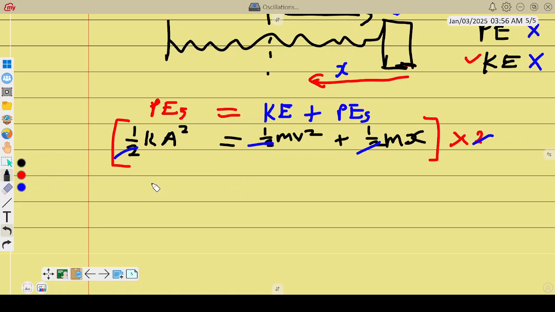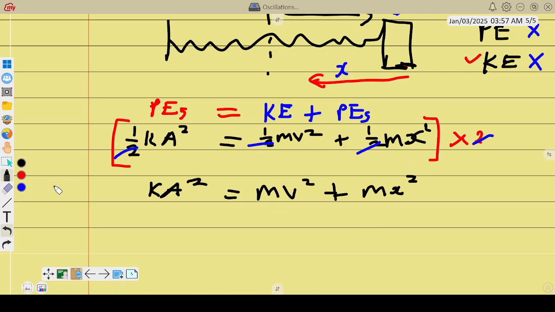So we're going to remain with kx squared is equal to mv squared plus mx squared.